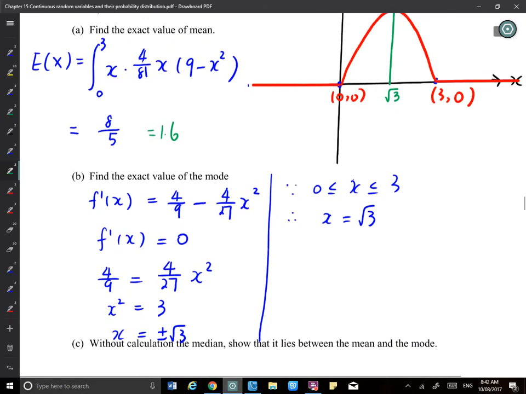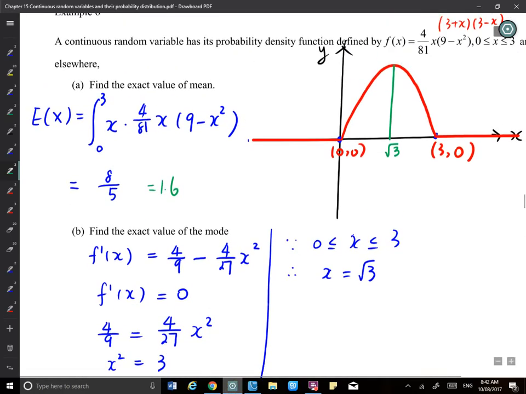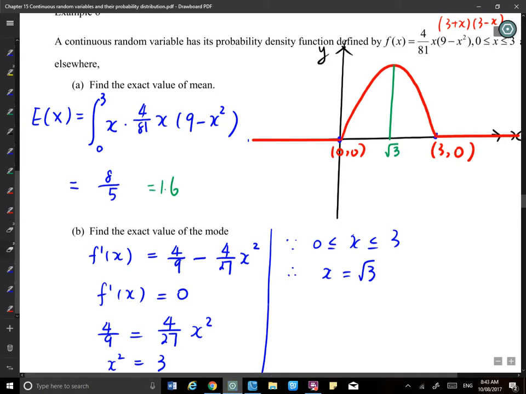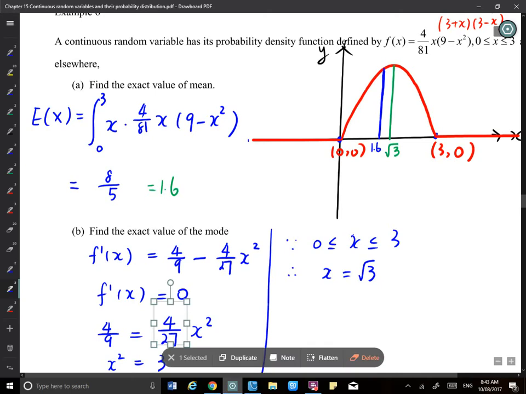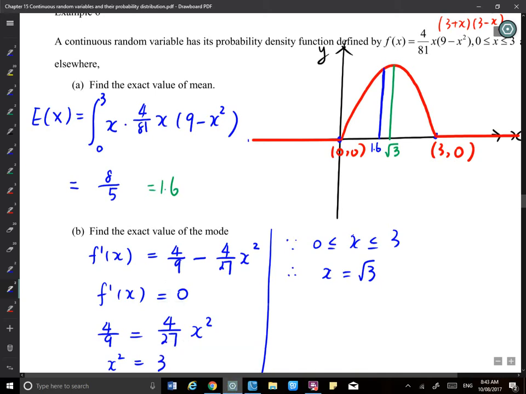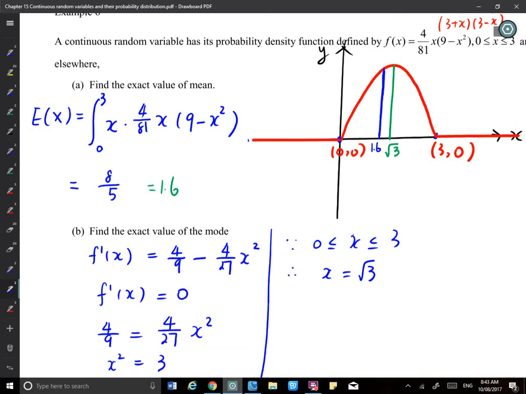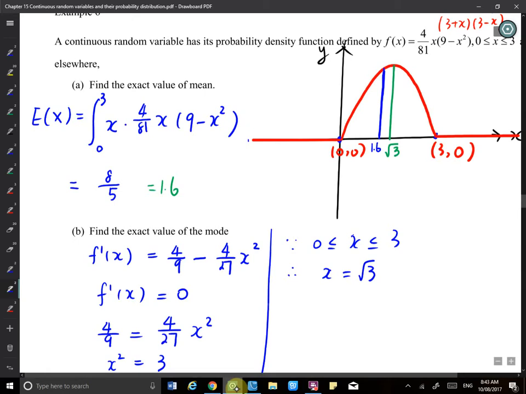So 1.6 is on the left. Okay, we draw 1.6 here. The median is in the middle of those two numbers, somewhere around here.